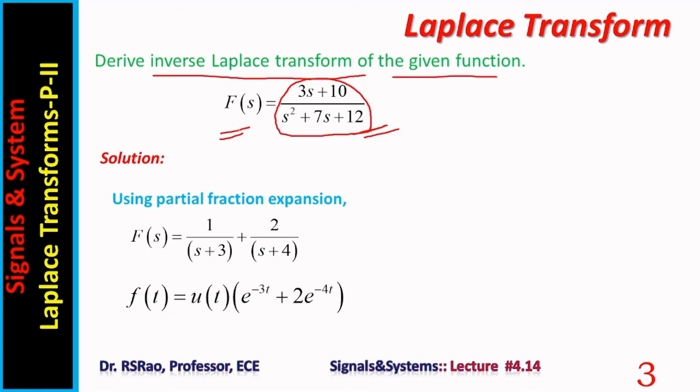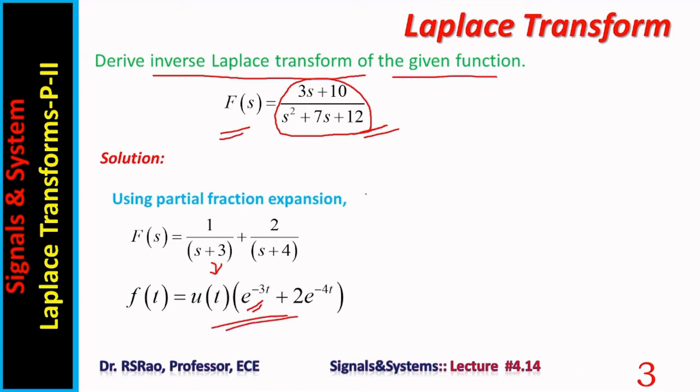F of s can be expanded and we get F of s equal to 1 by (s plus 3) plus 2 by (s plus 4). Inverse transform of 1 by (s plus 3) is e power minus 3t u of t. Inverse transform of 2 by (s plus 4) is 2 e power minus 4t u of t.